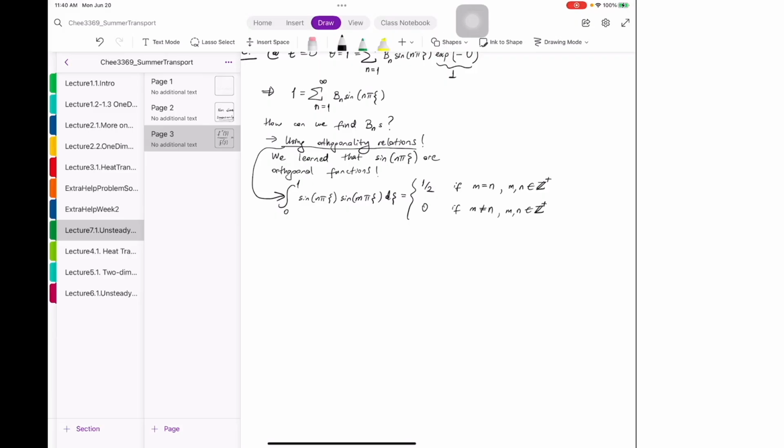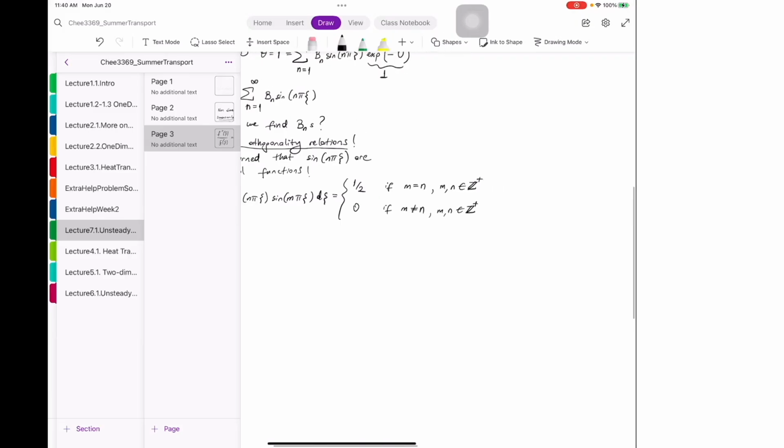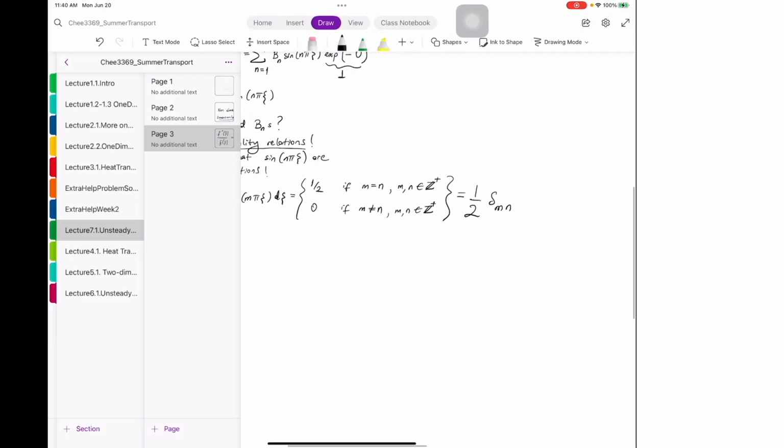When two things are equal, you get a non-zero value; when two things are not equal, you get a 0 value. This is called the Kronecker delta. It's 1/2 times the Kronecker delta mn.